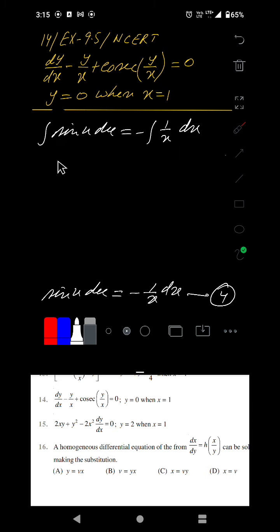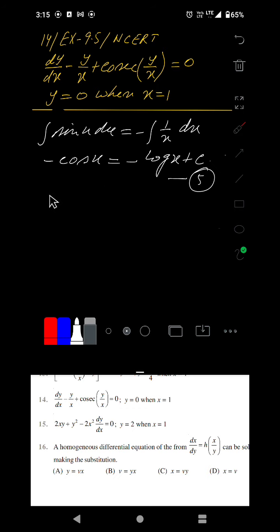So integral of sine u is minus cos u, so minus cos u is equal to minus integral of 1 over x is log x, and plus c as a constant of integration, and let it be equation number 5. Now here in this step, first we have to replace u by y upon x as we have assumed it in equation number 2. So minus cos y upon x is equal to minus log x plus c.